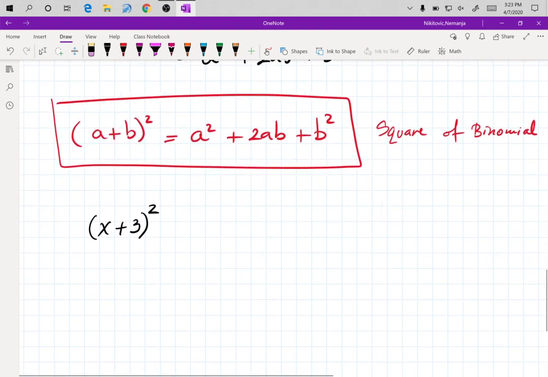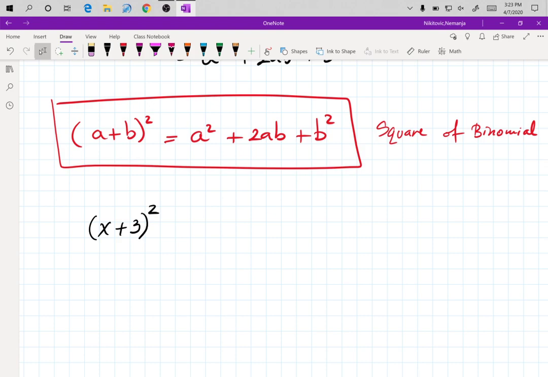Now, how do we use it? What we have here is (x plus 3) squared. When I compare, I see that a is equal to x and b is equal to 3.